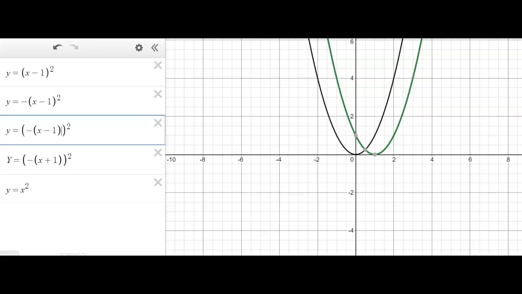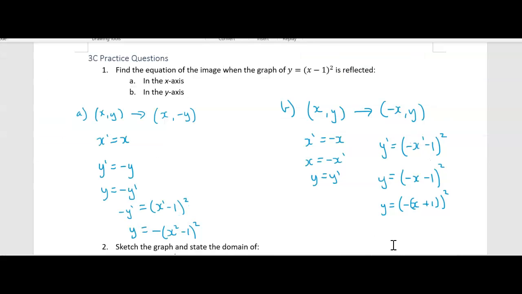So it's not the same as that. So just be careful when you're doing a reflection, especially in the y-axis, that the negative is taken out of whatever the x is. All right, so just taking that negative out. All right, let's go back to the notes.